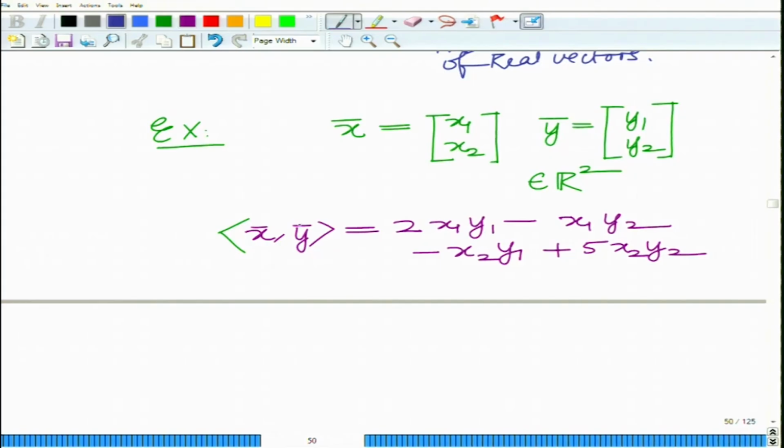Now, what we want to do is show that this assignment is a valid inner product, and this can be shown as follows.